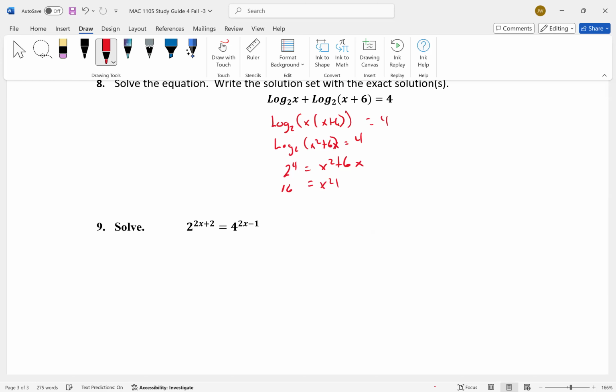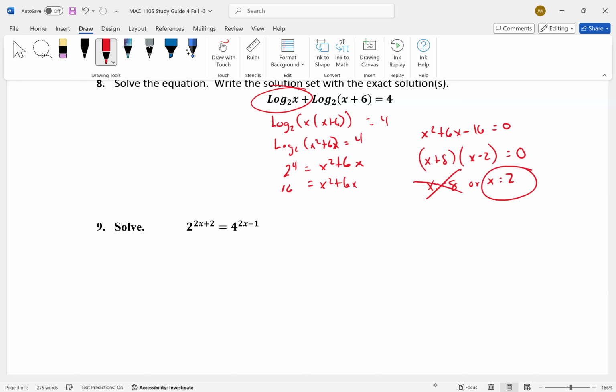So now I have x squared plus 6x minus 16 equals 0, which is x plus 8 times x minus 2 equals 0. So x equals -8 or x equals 2. I cannot have a log of a negative number, so it is simply x equals 2.